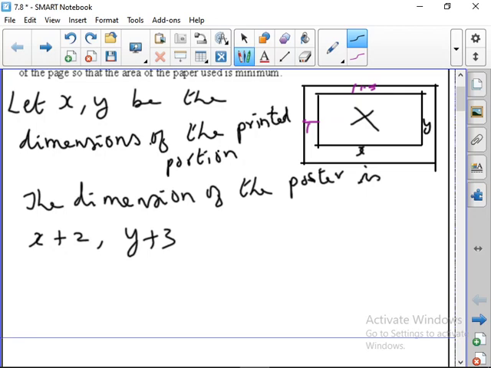புரிஞ்சுதா? இங்க x இருக்குது. X and y in the inner rectangle தான் printed area. Okay? In the full portion வந்து poster. So, printed area குரிய length and breadth வந்து x and y. அப்போ poster குரிய length and breadth என்னது? இது வந்து 1 எடுத்துக்கிறோம் இல்லையா அந்த ஏரியா. இப்போ 1 போது இதுவும் 1, this is 1 and this is also 1. இதுவும் 1, இதுவும் 1. அப்போ x plus 2.